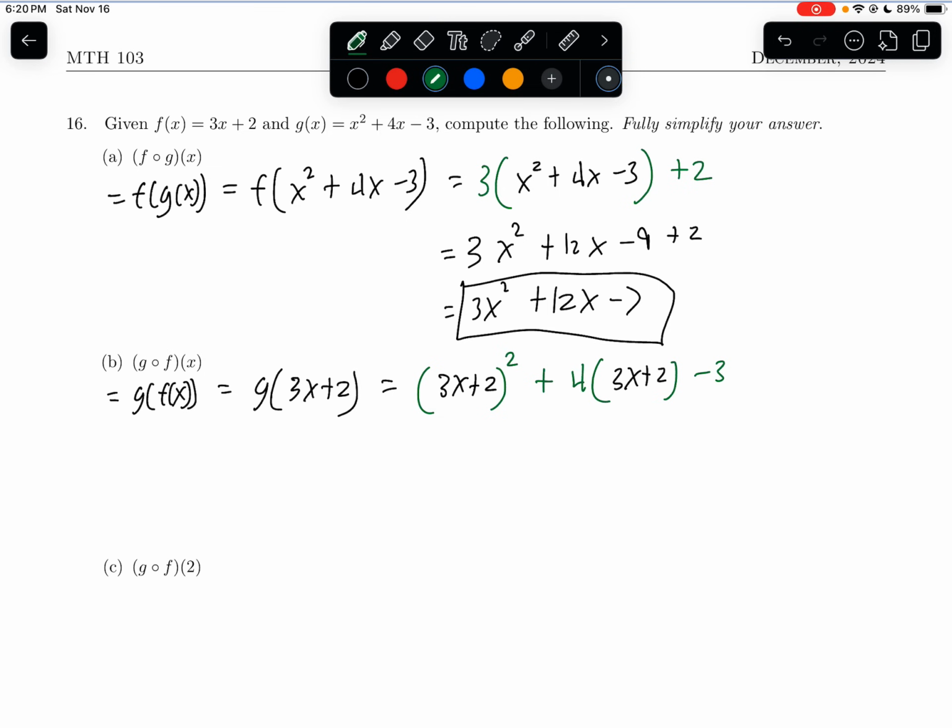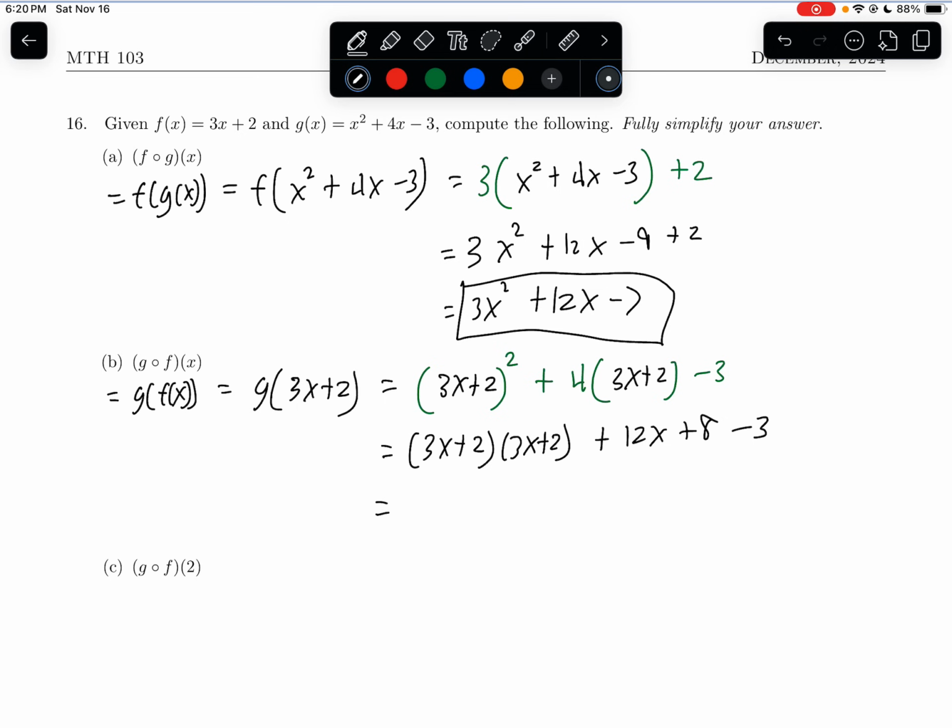Now I need to expand this out. So this is 3x plus 2 times 3x plus 2, right? I square it. Plus, and I can start to simplify what's on the right hand side. I can distribute the 4 in, and I get 12x plus 8 minus 3. So the 12x plus 8 is 4 times 3x, plus the 4 times the 2.